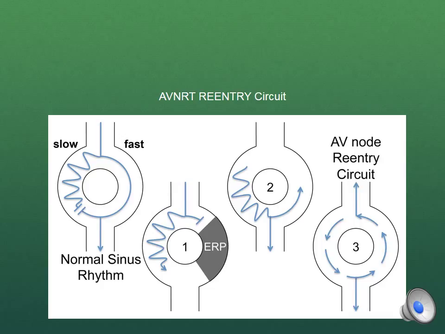If you have a PAC that occurs at the exact right time, anybody can have a bout of SVT or a rapid heart rate. So that's important to understand. That's why this is so common. This is the most common form of a supraventricular tachycardia, because it can happen to anybody.